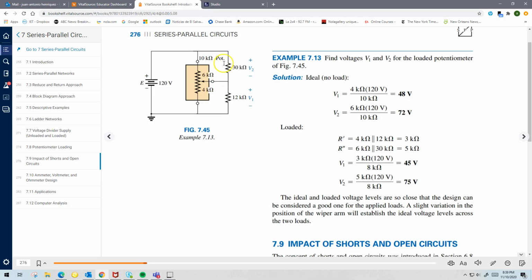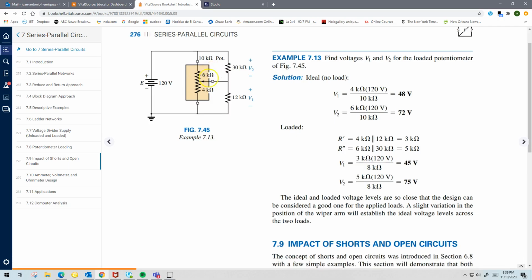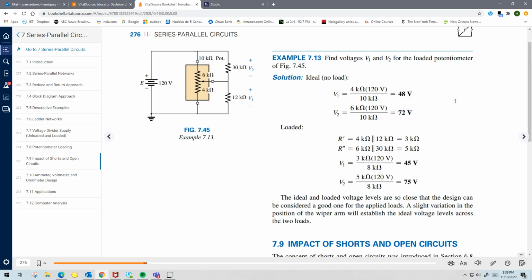So let's forget the loads at the moment. V1 will be, by voltage division, 4 divided by 10 times 120, which gives you 48 volts. V2 will be 6 divided by 10 times 120, or 72 volts. So that's under no load conditions.